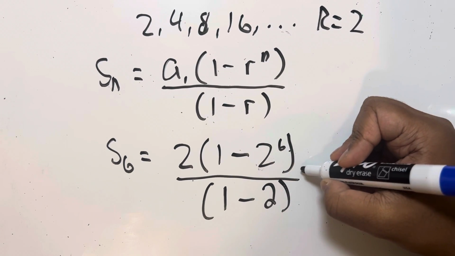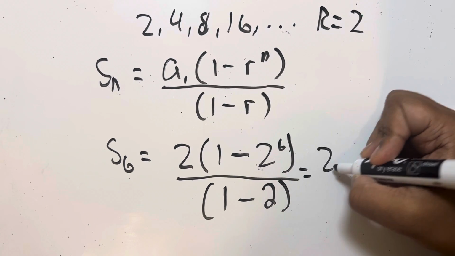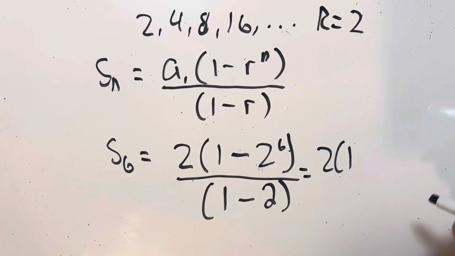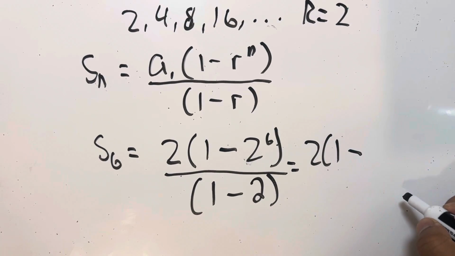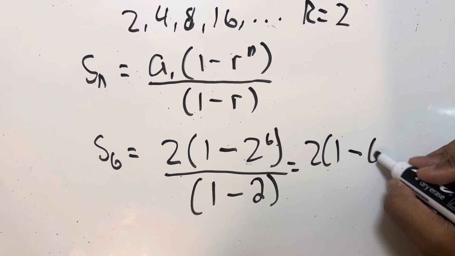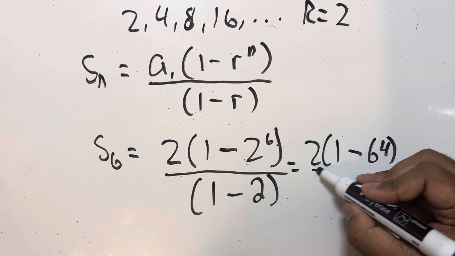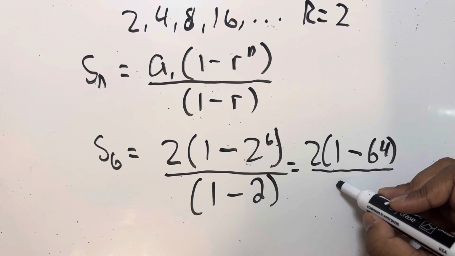So it's going to become 2 times (1 minus 2 to the 6, which is 64) over 1 minus 2, which is minus 1.